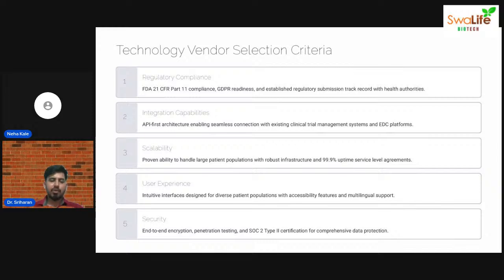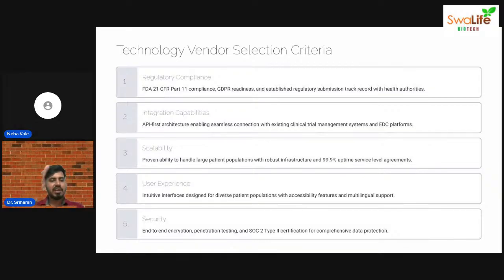In simple terms, while doing the DCT you select a single vendor for the integration of database, wearable device, app and cloud storage.